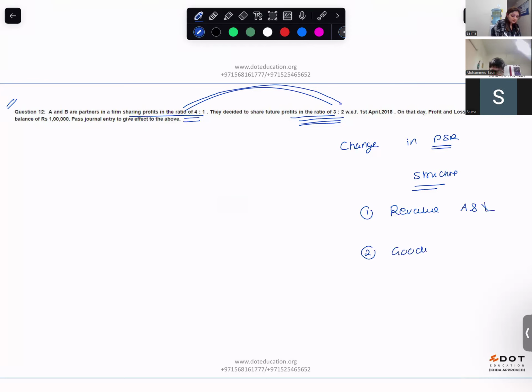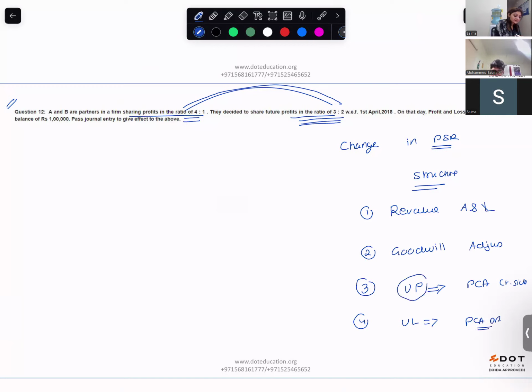We find the goodwill adjustments, and undistributed profits will be credited in partners' capital account, credit side, and undistributed losses in partners' capital account, debit side.